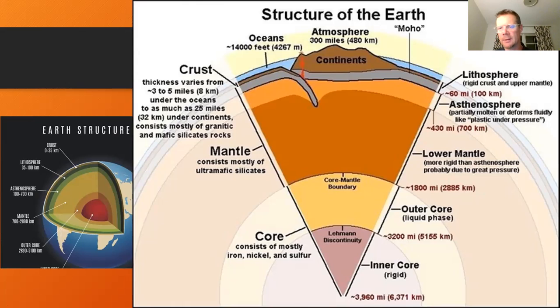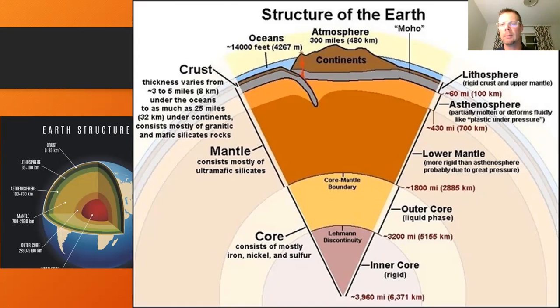Now, if we go to the right side of the screen there, the lithosphere is both the crust and the upper part of the mantle. And so that upper part of the mantle is going to be mostly solid. It is, but it is movable. That is where our continental sheets and our plates are part of that lithosphere. The asthenosphere is partially molten, a little more plastic under pressure and fluid, going down to 700 kilometers.